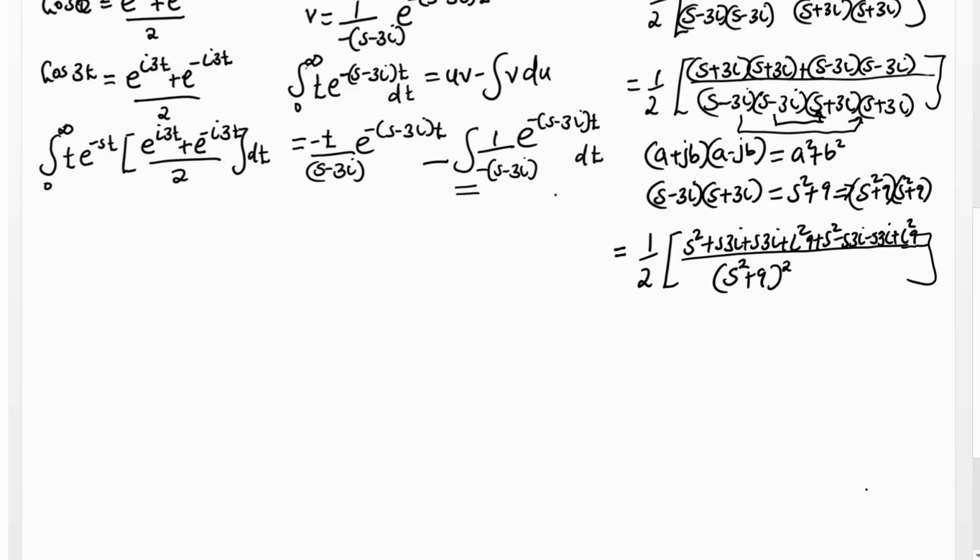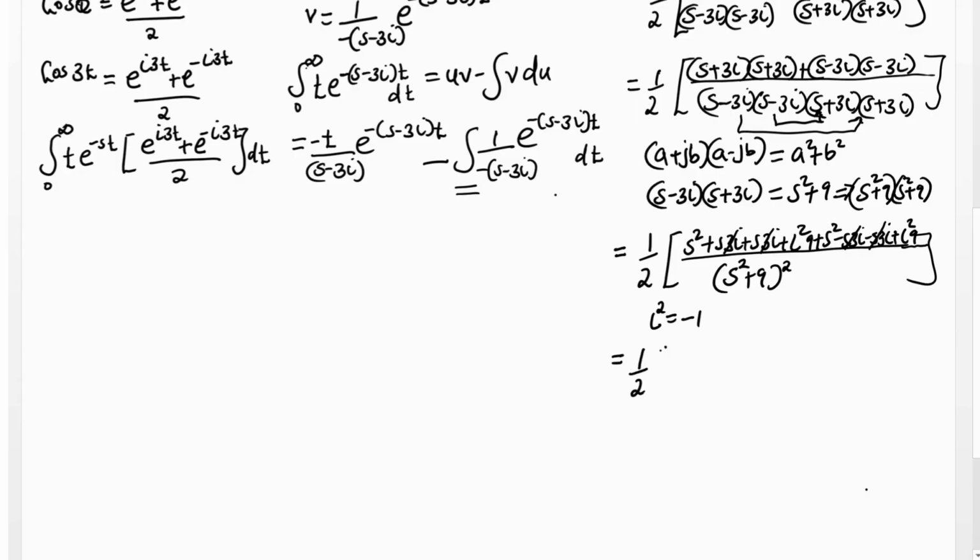Remember, i squared is given by -1, so i squared 9 is the same as -9. We cancel s 3i with s negative 3i.